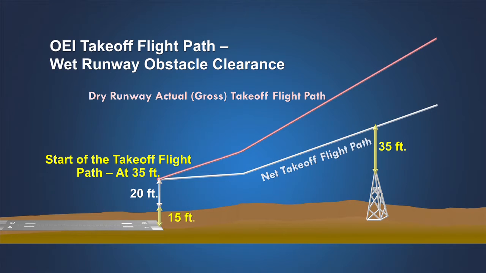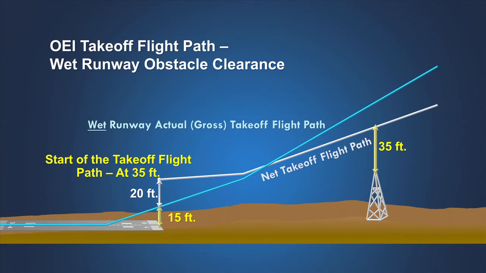The takeoff flight path and net takeoff flight path begin at 35 feet above the runway surface. For airplanes with FAA-approved wet runway takeoff data, this can result in lower than normal obstacle clearance in the event of an engine failure on takeoff near V1.